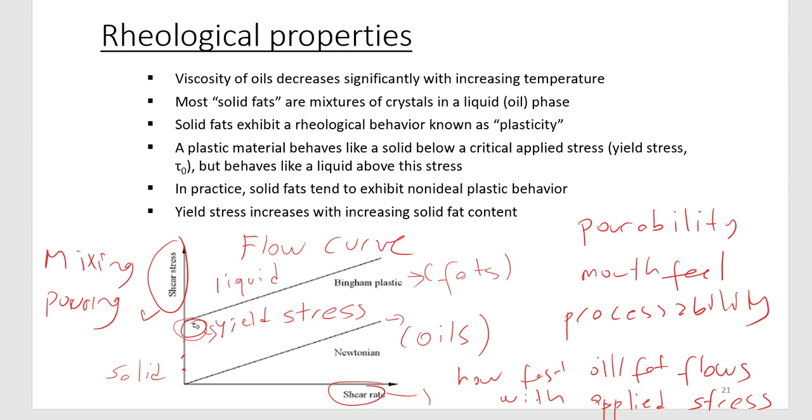Okay? Just visualize, you have a butter, you are mixing it or blending. First it acts like a solid fat. Then it reaches a certain stress value, which is called yield stress. Then it starts flowing. So there is no flow until it reaches the yield stress value. Then after yield stress value, it acts more like a liquid.